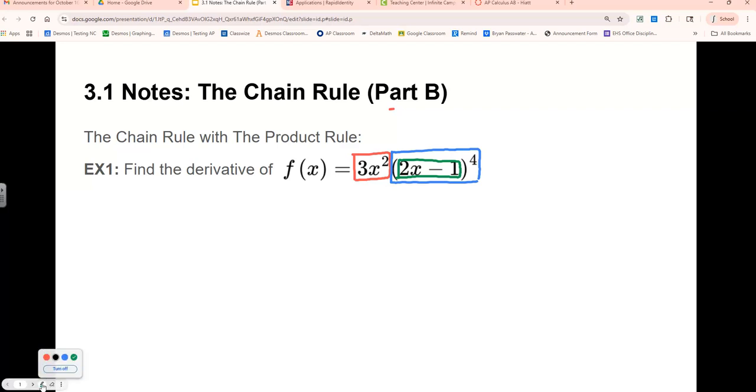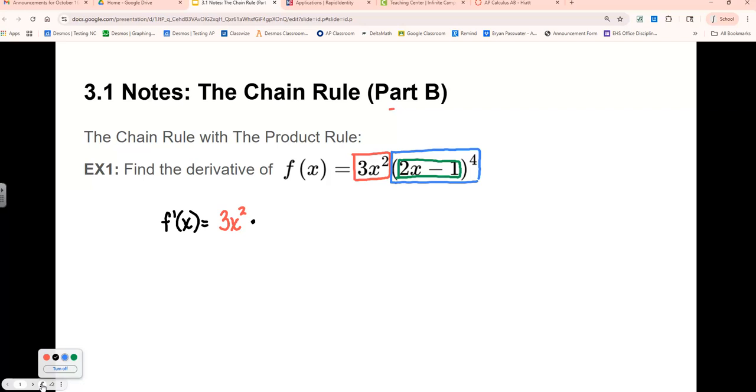So whenever we take the derivative, we are going to do f of x, which is, let me try to color code it here, our 3x squared. And we have to multiply that by the derivative of the second part, the stuff in the blue box. But to take the derivative of the stuff in the blue box, we have to use the chain rule.